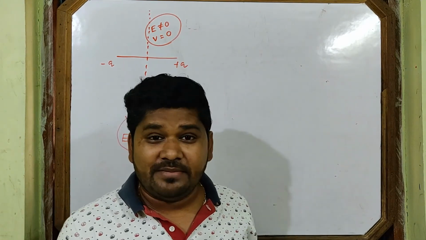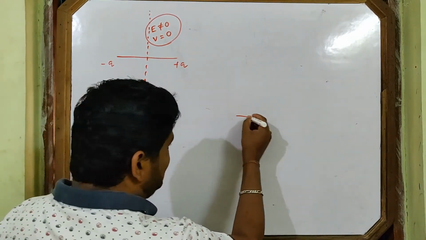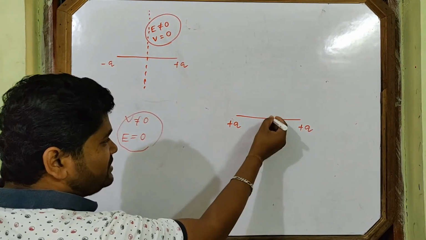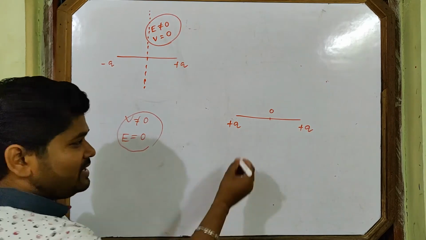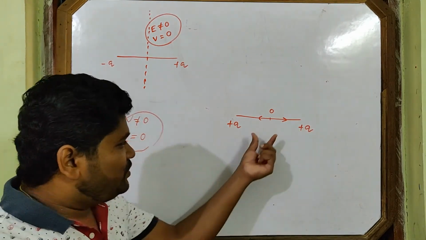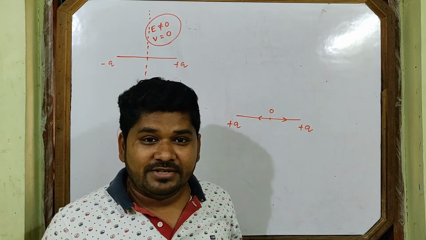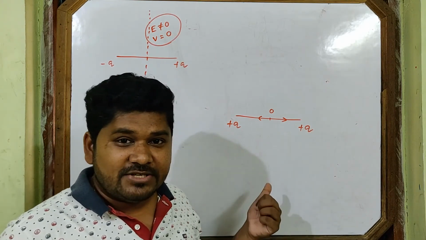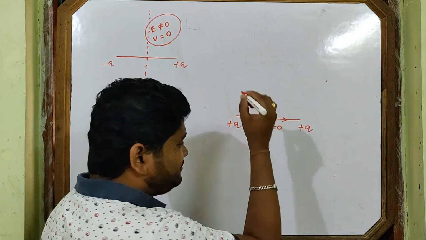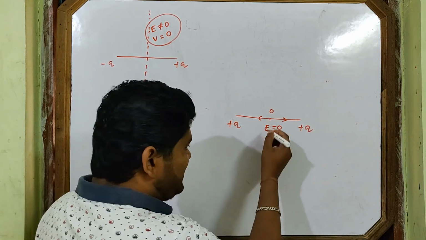Yes, this point is also available. How do you see? I'll take 1 plus q, I'll take 1 plus q, just at the midpoint. Its intensity is here, its intensity is here. Now both intensities cancel each other. If they cancel each other, what is the intensity here? Intensity is 0. But what about the potential?